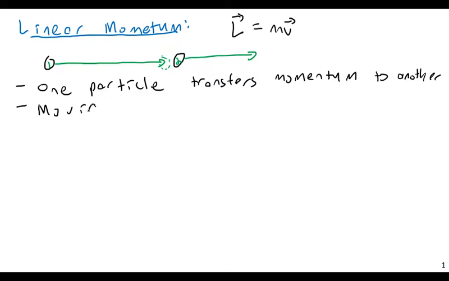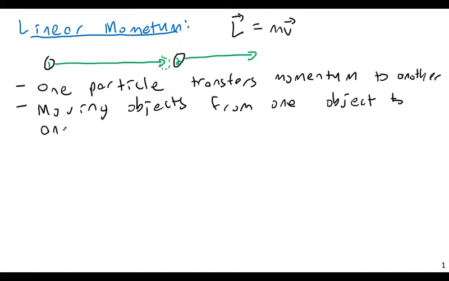Moving objects can transfer momentum from one object to another. We know this, we've seen this in physics class. And so again, this is for particles and objects, but it is the same thing for fluids.